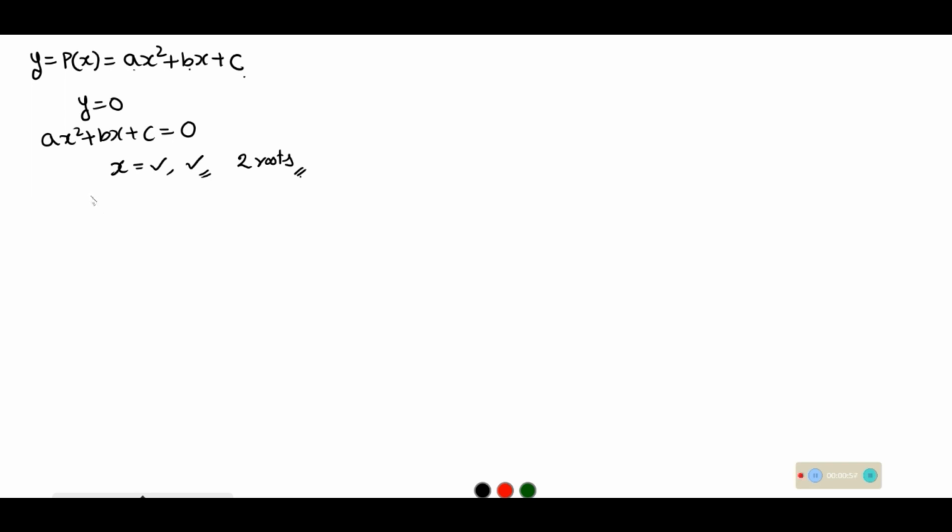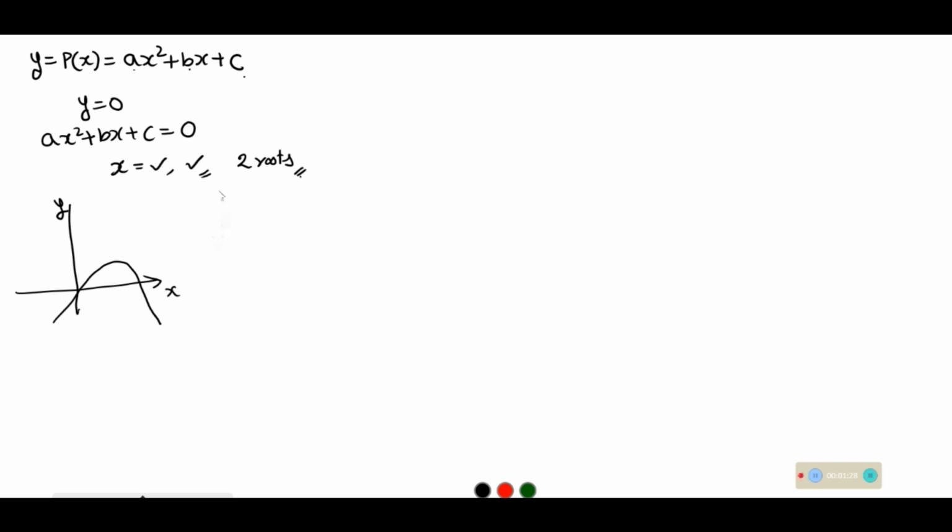Now we will see what different types of quadratic polynomials you can get. The first type: if we draw the axes, this is the x-axis and this is the y-axis, the polynomial can be like this.